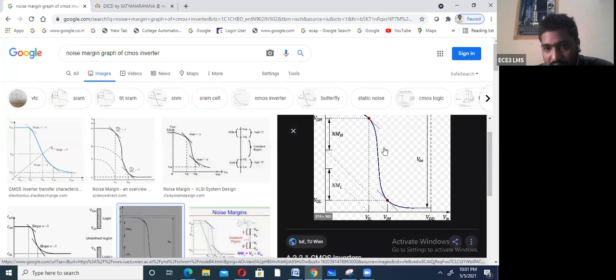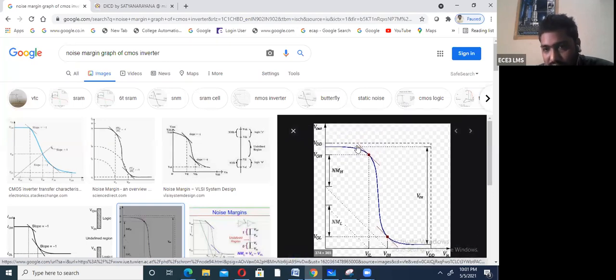So this is the noise margin graph. This is the transfer characteristics of DC analysis. This is VOH, this is VOL. So the NML value you will get like this. In this range, low noise margin.